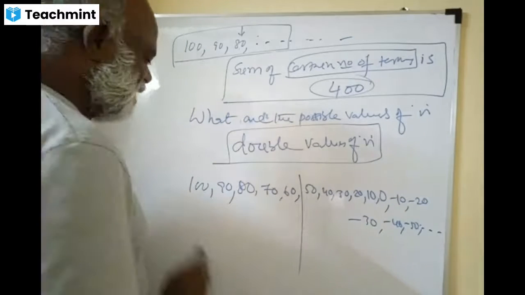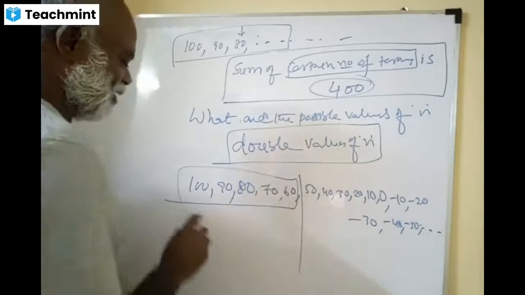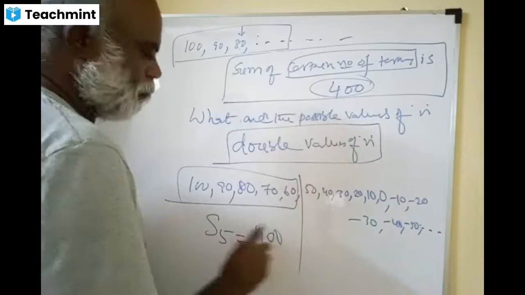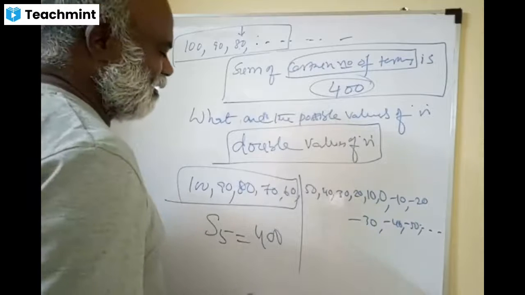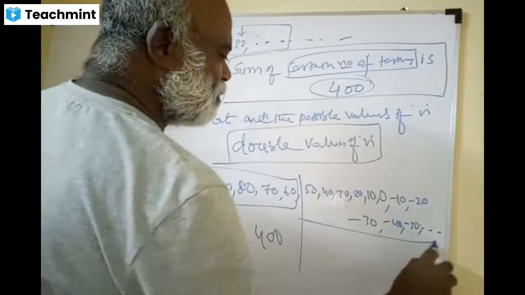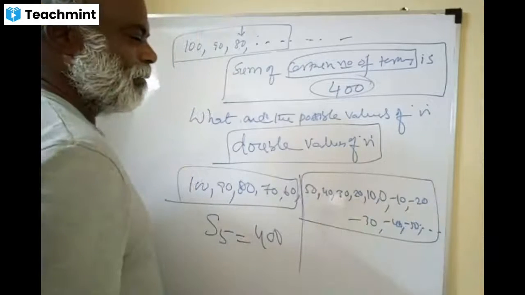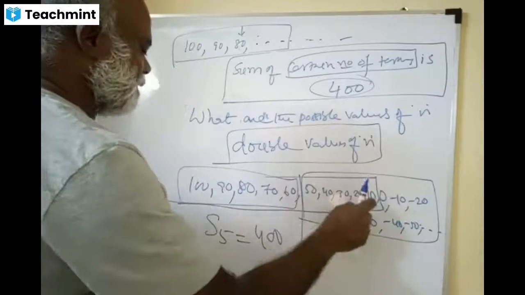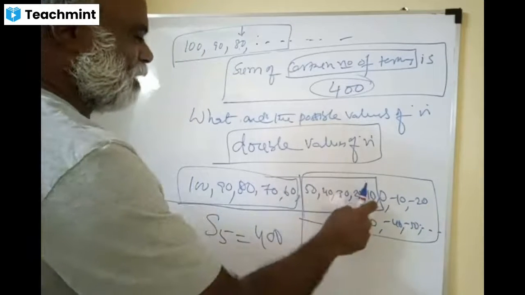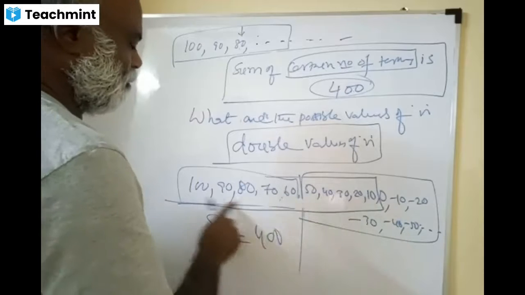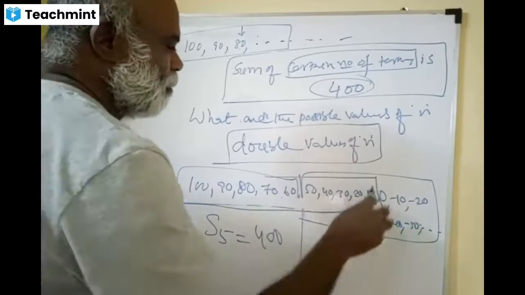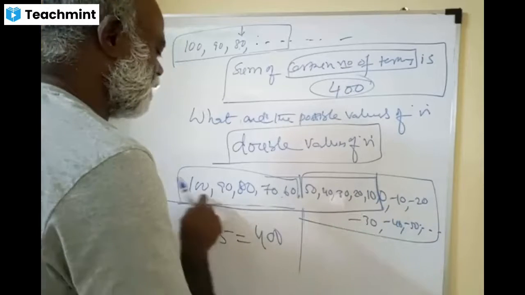The sum of these 5 terms is 400. Not only that, you take the remaining terms. Can anybody tell, up to 10, how many terms are there?